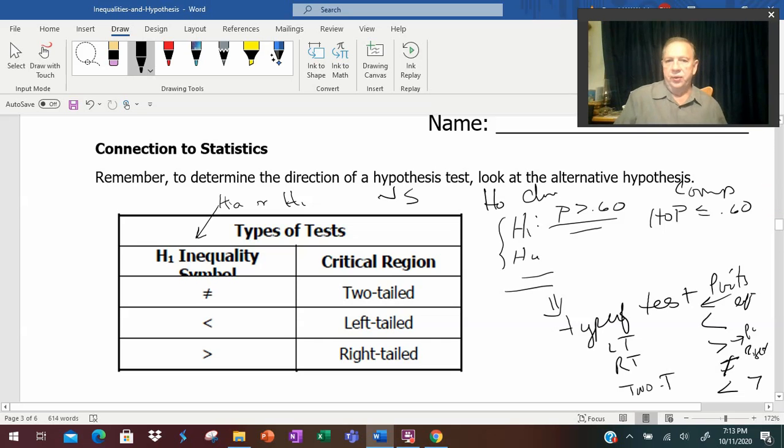We'll have to work through that, okay? But right now, let's just say what type of critical region or types of tests. In a two-tailed test, either tail is a critical region. For left-tailed, if I'm testing here and it gets too far on the left, then we reject H0. And then right-tailed, okay?